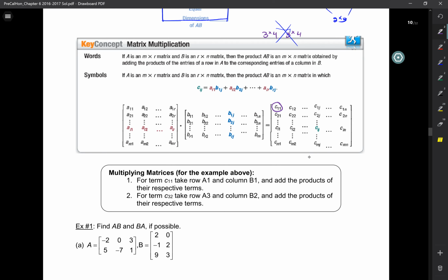What I do is I multiply each element in row 1 with each element in column 1. Suppose I want to find the element here, row 2, column 1. What I do is I multiply row 2 with column 1.